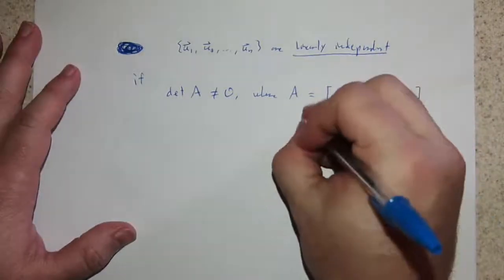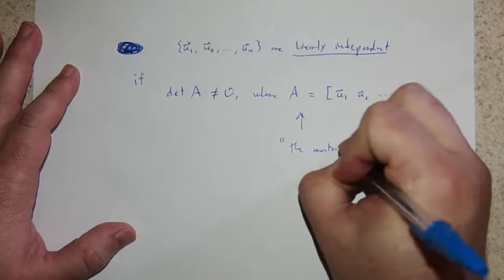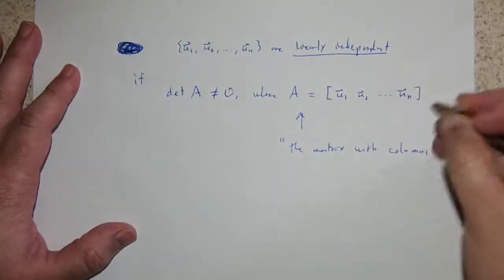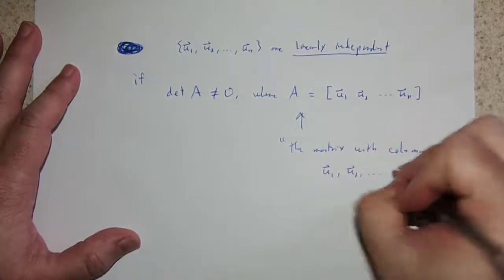So this is the matrix with columns u1, u2 to un.